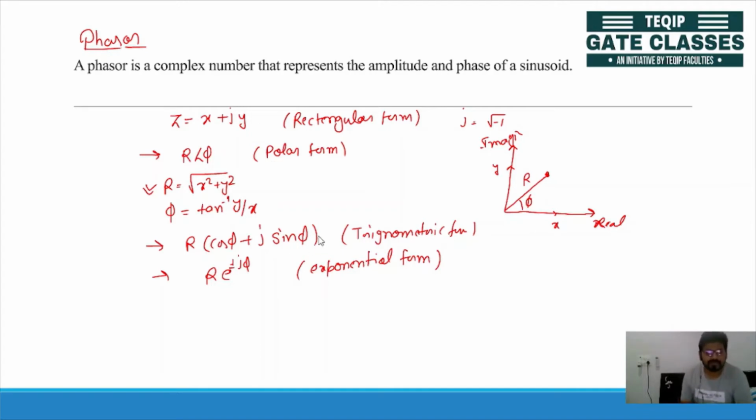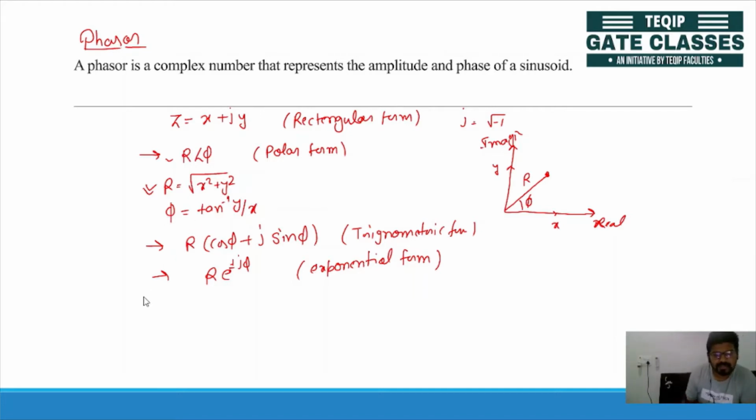So we can represent this rectangular form into this polar form, this trigonometric form, or this exponential form. In this chapter we will frequently use this polar form and this rectangular form and this trigonometric form also.